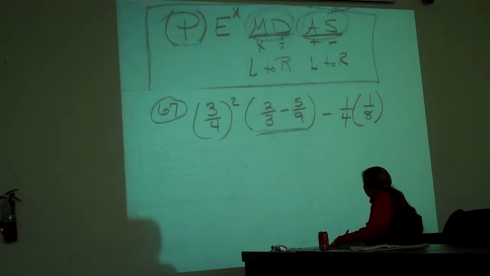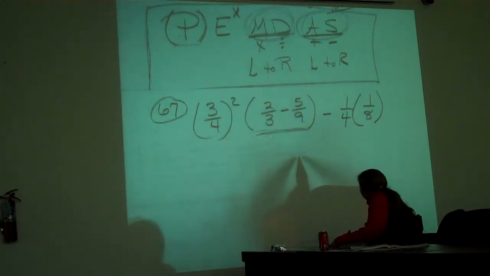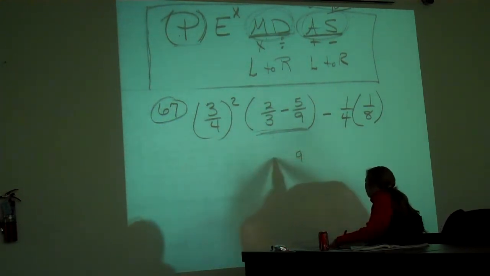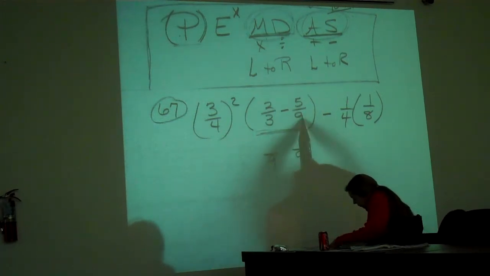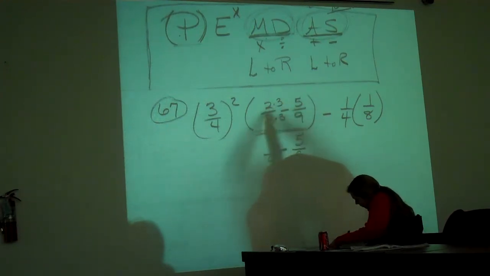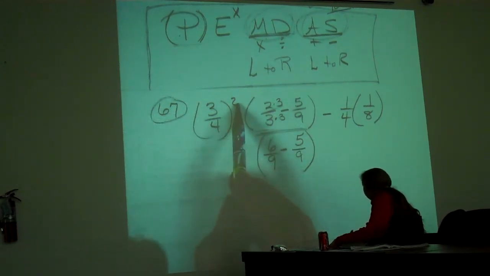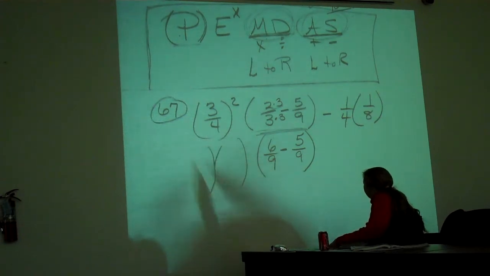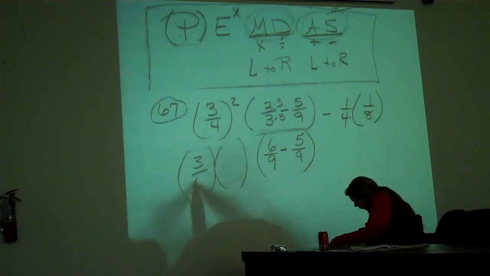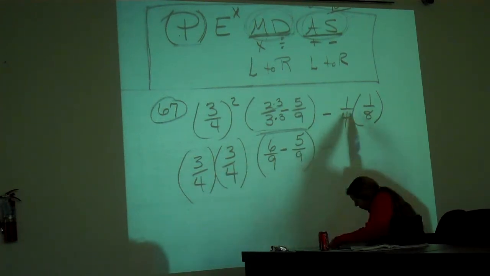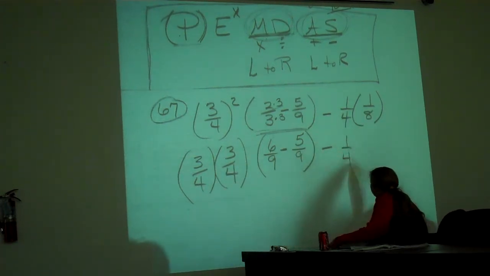So add and subtract, we need a common denominator, which is 9. The top stays the same. 3 times 3. 2 times 3 is 6. Okay? The exponent, we can go ahead and write that, right? Just go ahead and spread it out so we can multiply it. This one, just bring it down just like it is.